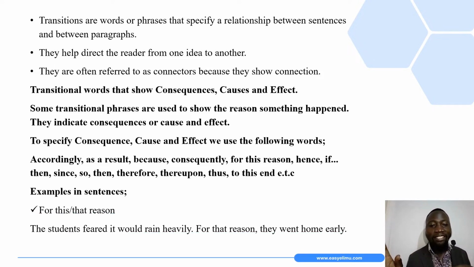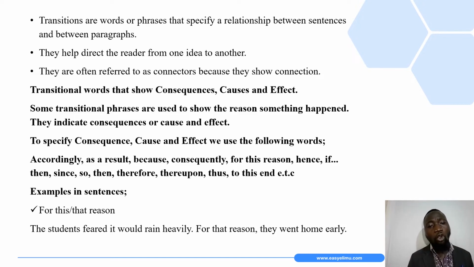When we use them to join two different ideas in a sentence, they are acting as connectors, simply because they show the connection between the two ideas in the sentence.